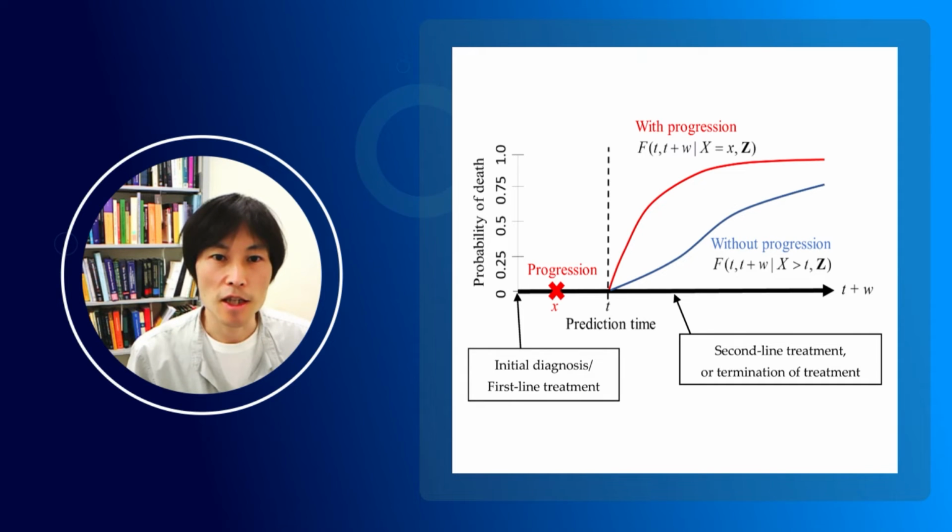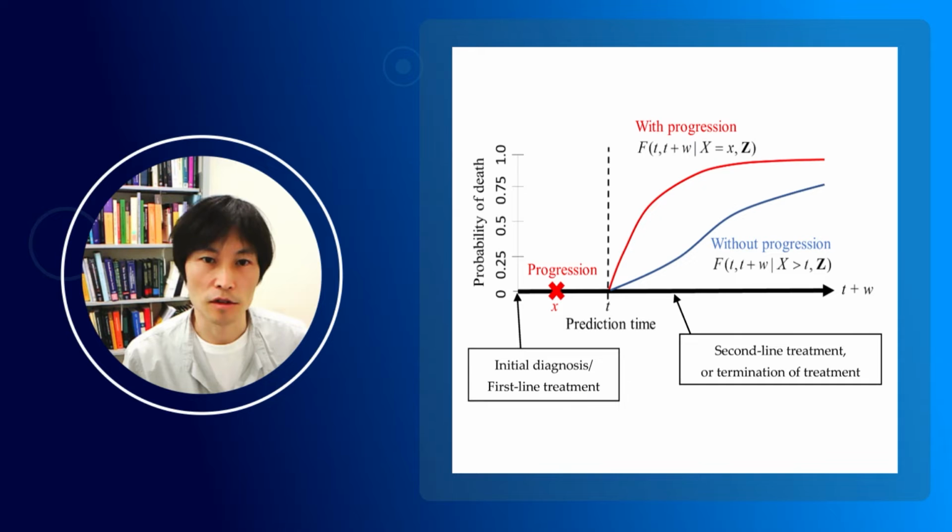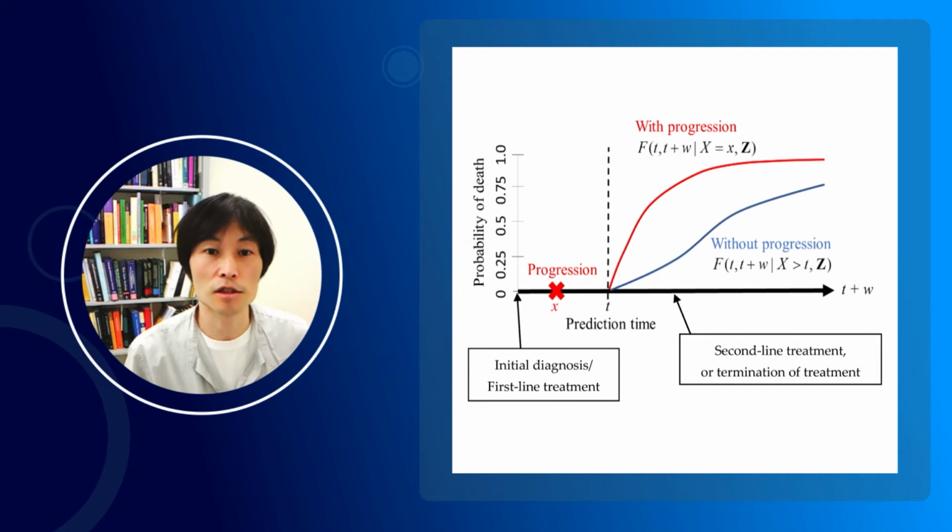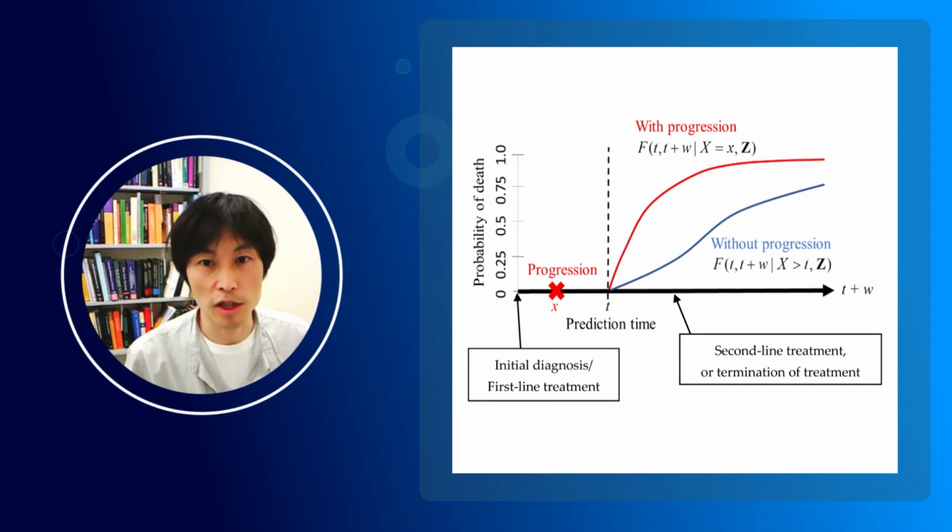At time t, a patient may experience progression, which makes a risk of death higher than a patient without progression. This type of dynamic risk assessment may be informative for clinicians to make a decision on a second-line treatment or on a decision on the termination of treatment.